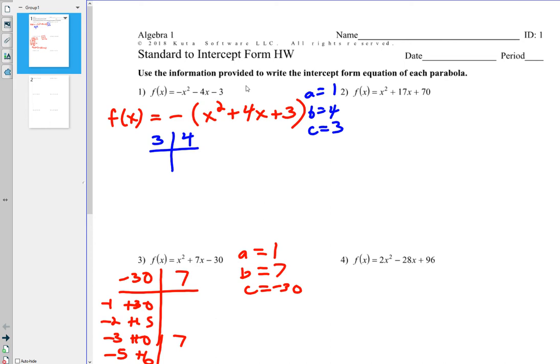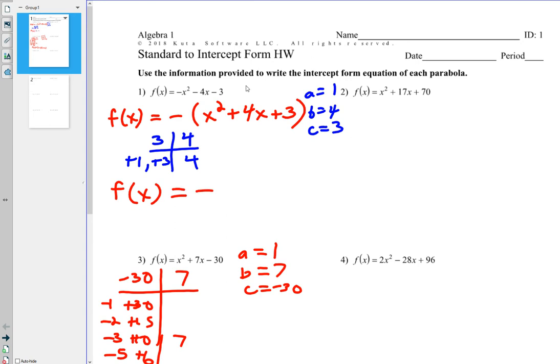There's only one possibility. Positive 1 and positive 3. That gives me what I wanted. Kiara, did that give you what you wanted? So that negative we knew was going to stay in front.